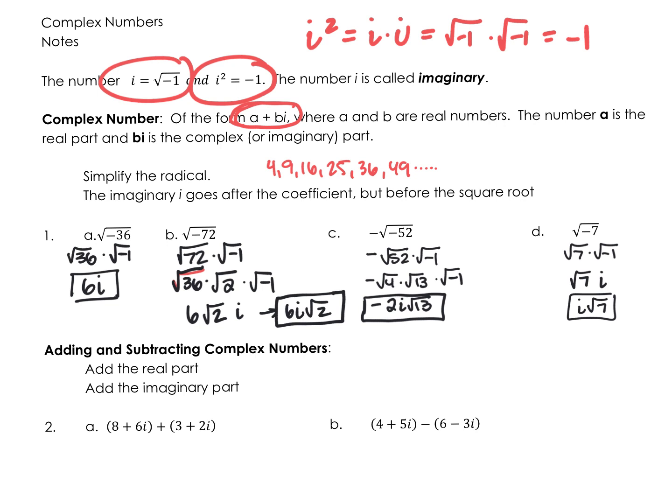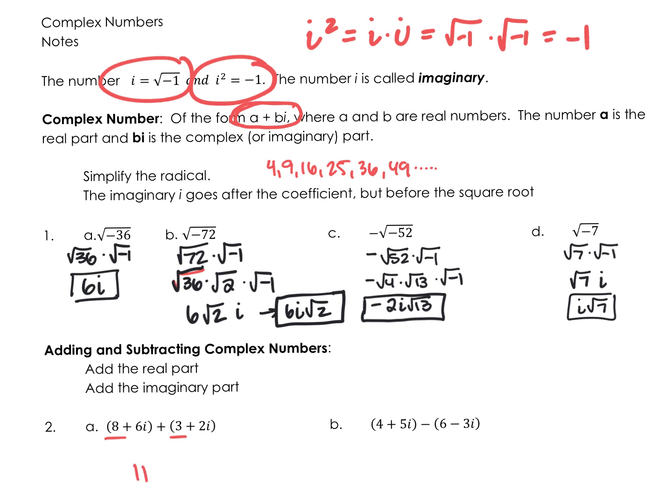Everything works the exact same way, right, as if it was x, okay? So here, can I add 8 and 6i together? Are those like terms? No. But what terms can I add together? 8 and 3, right? Because those are the real part. They're like terms. So you're going to add the real part and then add the imaginary part, just like you would if it was an x, okay? So you're going to add 8 and 3 together.